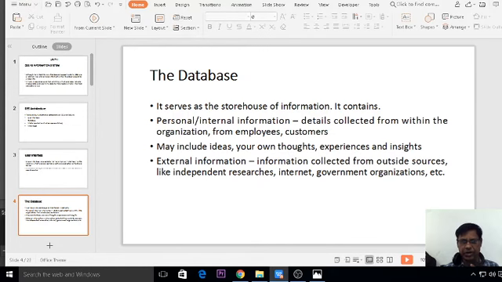Personal internal information is details collected from within the organization, from employees and customers. This is the collection of information within the organization. It is the person's information, the employee number, the role of the person, the customer name, and what he is related to.